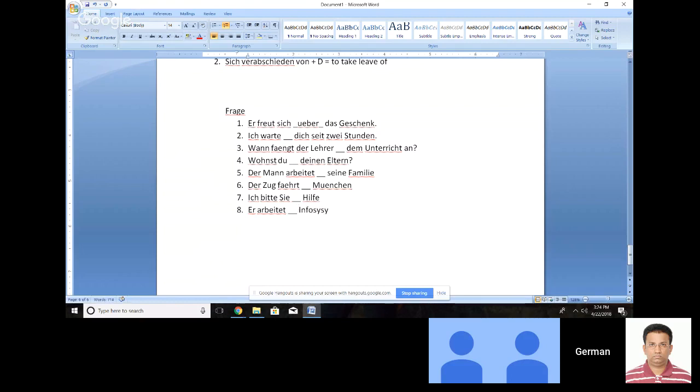Wir fahren zur Schule. Dem Auto. Ich schreibe einen Brief meiner Eltern.